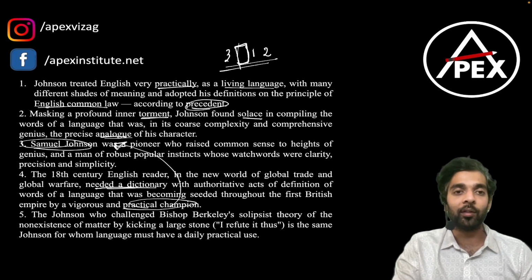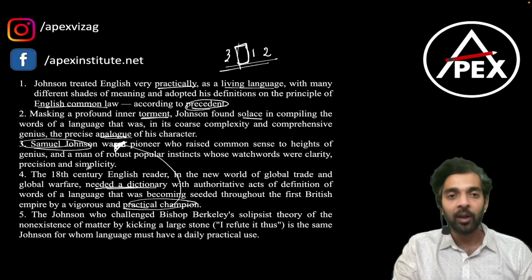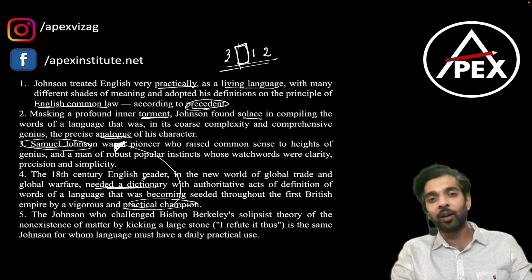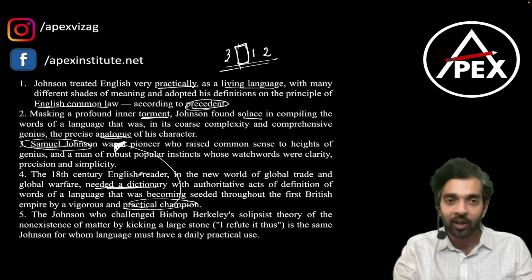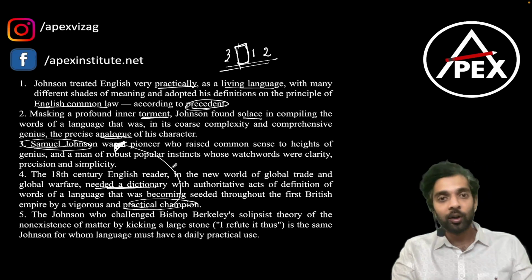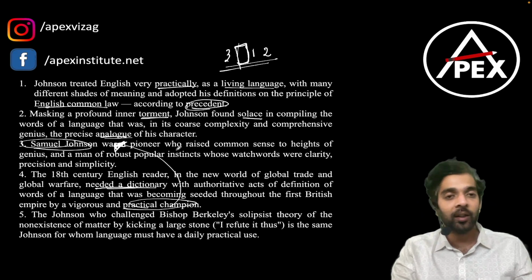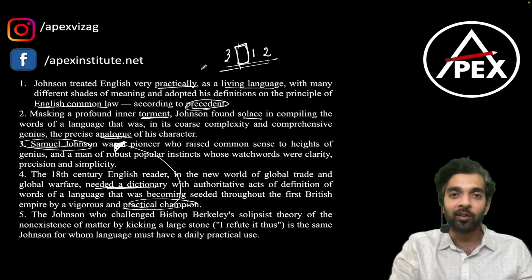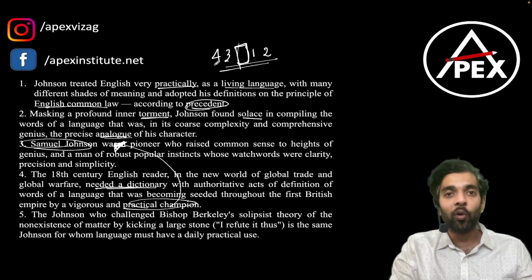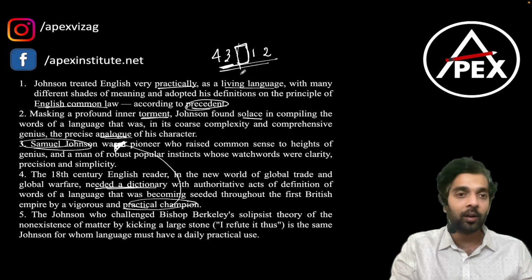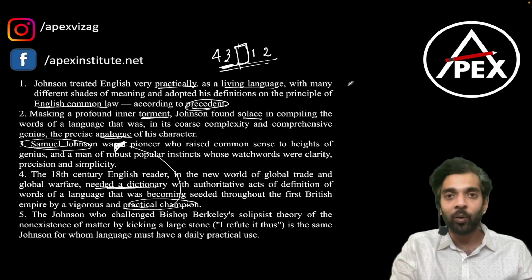Samuel Johnson. So now we understand the link a little better: in the 18th century English readers needed some kind of dictionary, and who better to create it than our Johnson Bhaiya, Samuel Johnson Bhaiya, right? So 4 and 3 will definitely be together, and clearly 1 and 2 are going together.